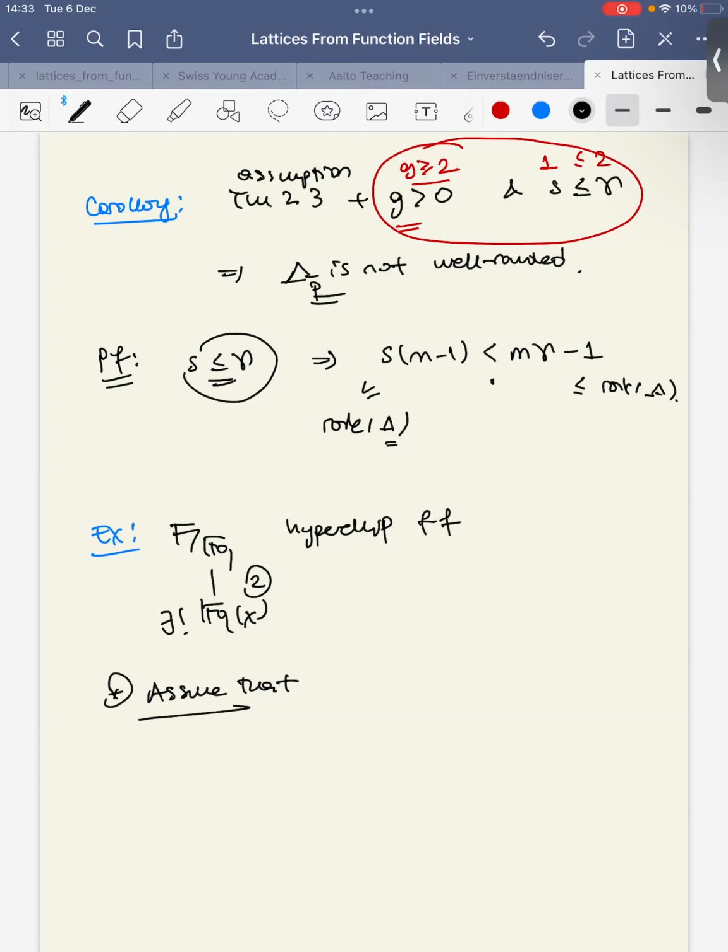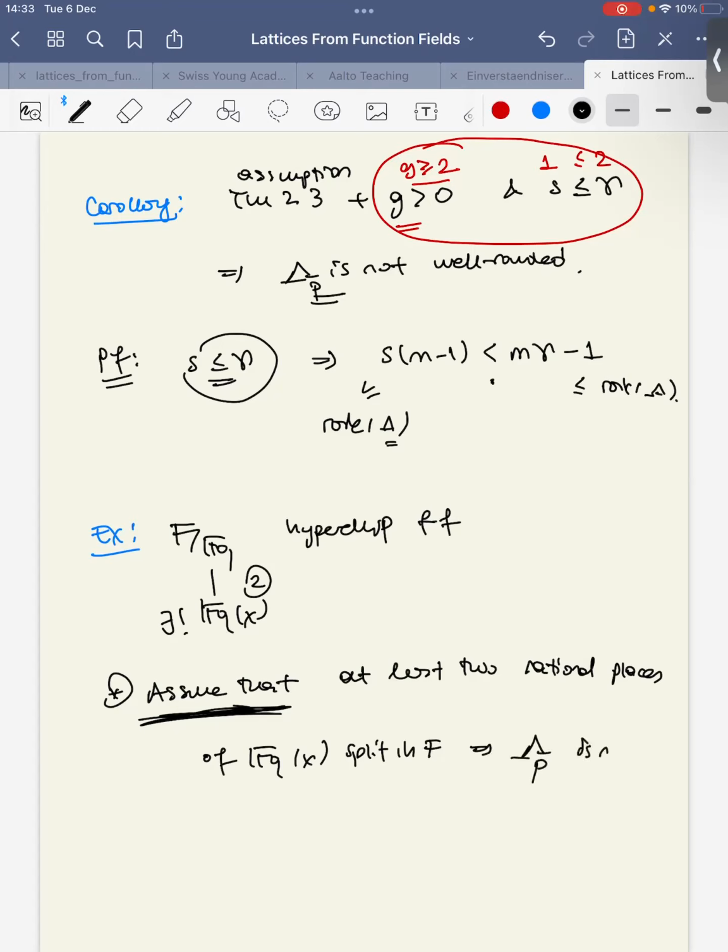It's not easy to see that such fields exist at the moment, but suppose that this is the case. Then our function field is not well-rounded.